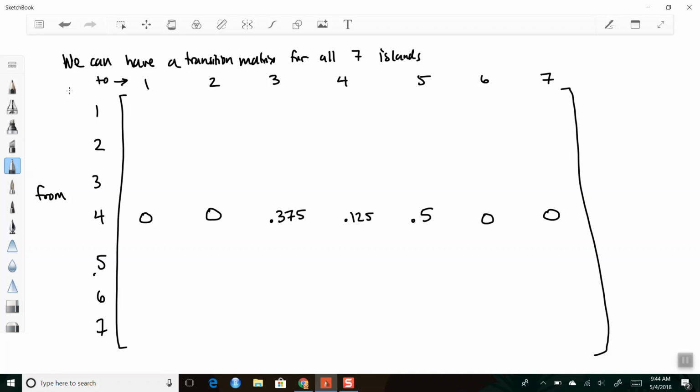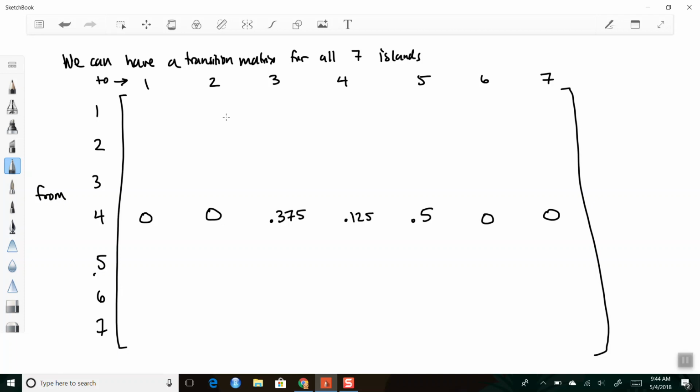Let's pretend we start at island 1. Okay. If we start at island 1, I will go to island 2 with probability what? Not with probability 1. I'm still flipping a coin.